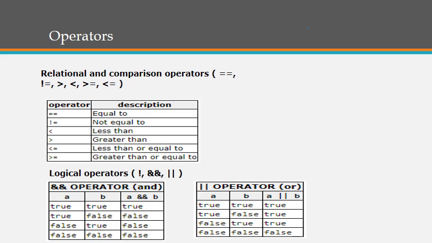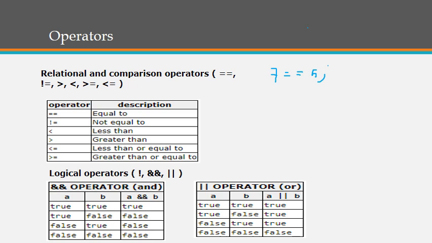For example, if we had 7 equals equals 5, it is trying to determine if 7 is the same as 5. Of course, this evaluates to false because they're not equal.